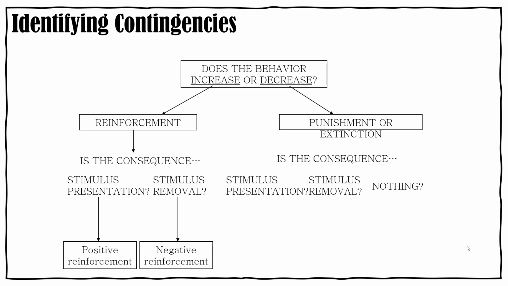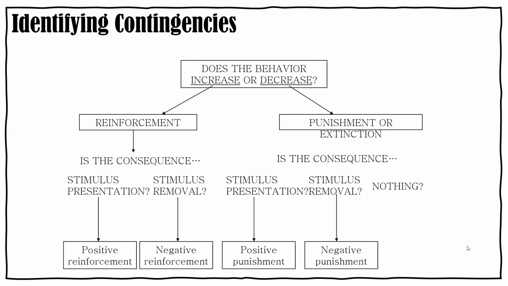With punishment or extinction, are you presenting an aversive stimulus? If so, it's positive punishment. Are you removing a pleasant stimulus? If so, it's negative punishment. Or is nothing happening? So the kid engages in the behavior and that reinforcing consequence is not given. Nothing gets added, nothing gets removed, just that reinforcing consequence is not given anymore.